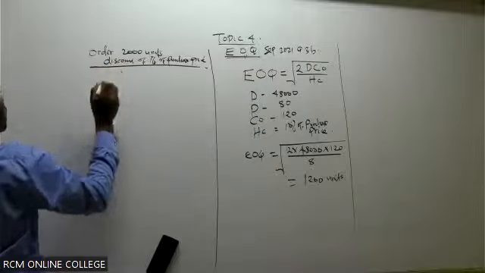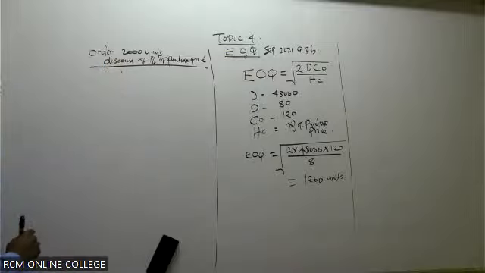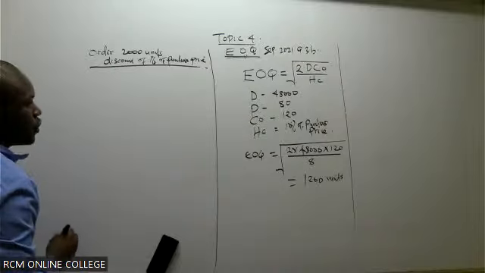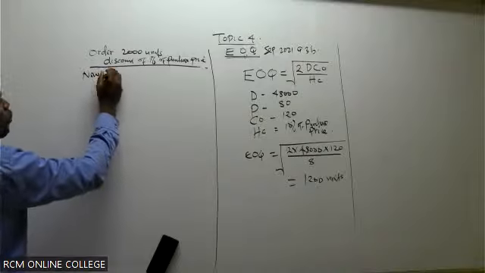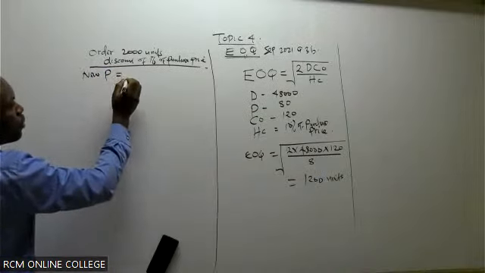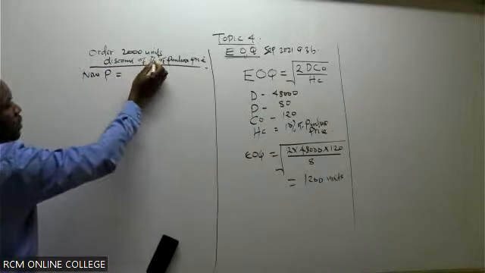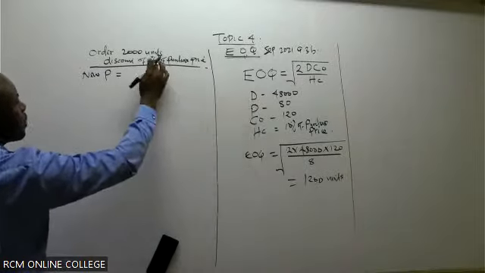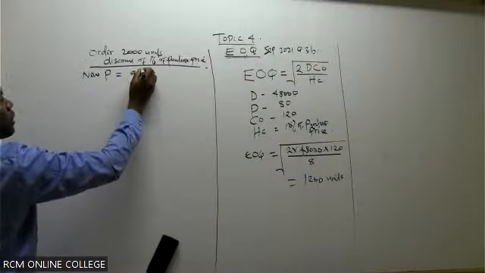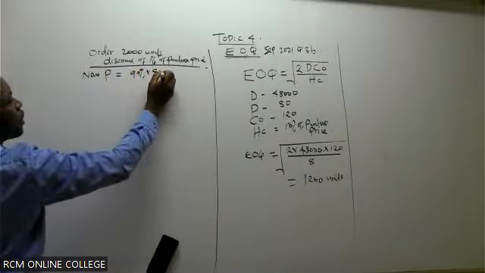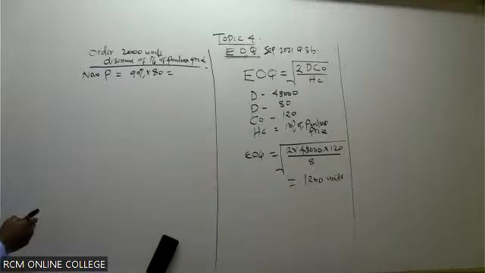So if you order 2,000 units, you're going to enjoy a purchase price discount of 1%. It means our new purchase price, our new P, will be 99% of 80. That is the new purchase price.